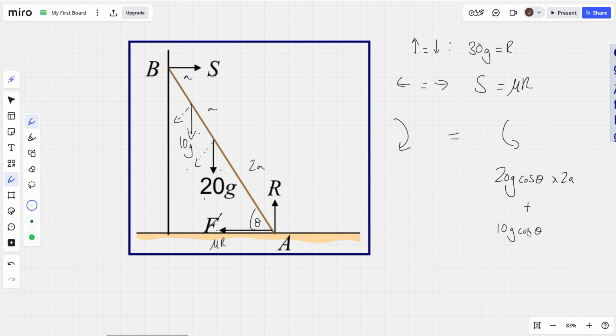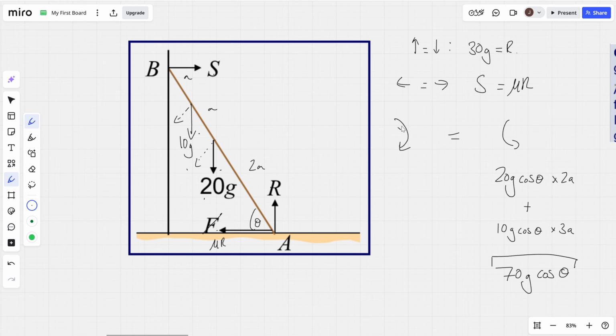So 10G cos theta times 3A. That's a 40, and that's a 30. So that's 70 altogether. I'll just double check my work here. So I've got 40, so that should be 70G cos theta is the total anti-clockwise moment.